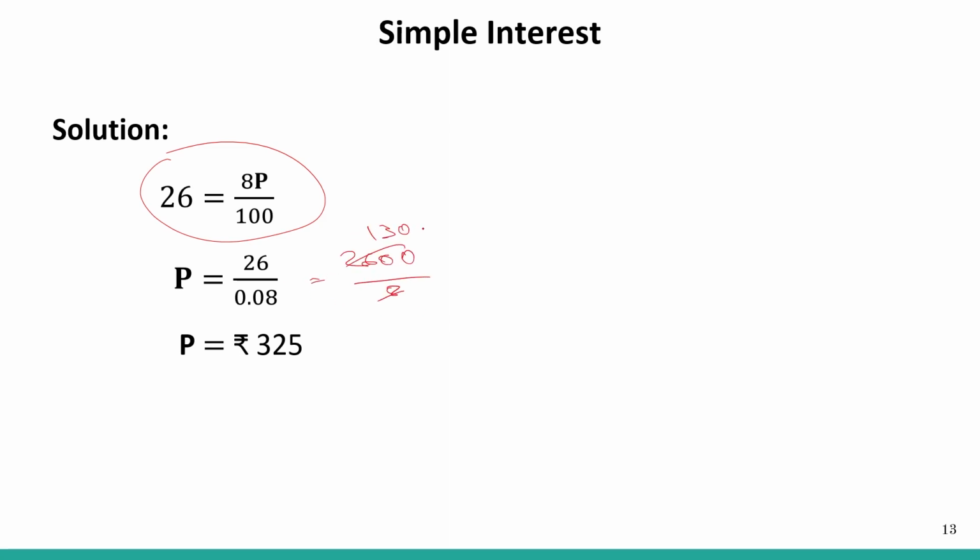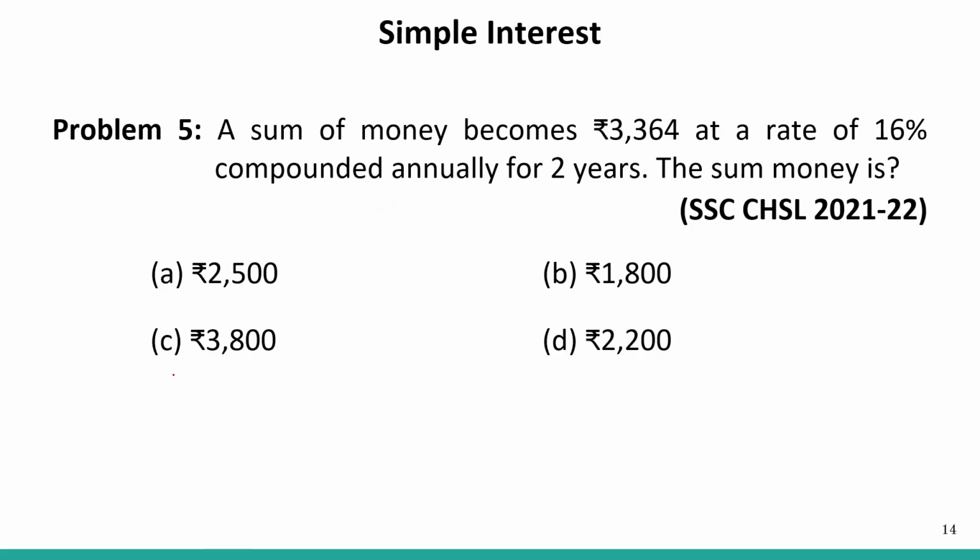So 1300 by 4, 650 by 2, so 325 is the correct answer, right? So P is equal to 325. So let's see problem number 5. Okay, so what we can see right here is a sum of money becomes what?